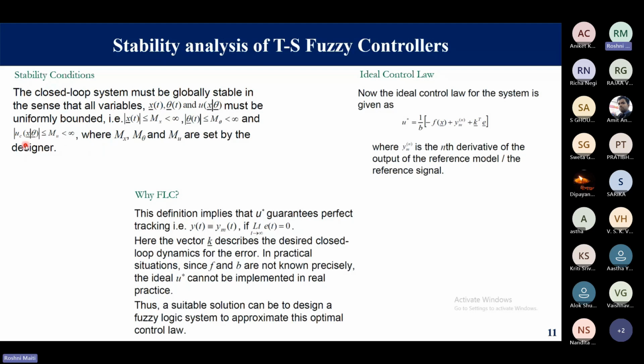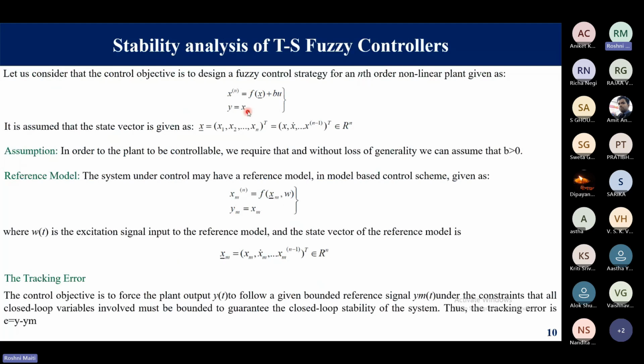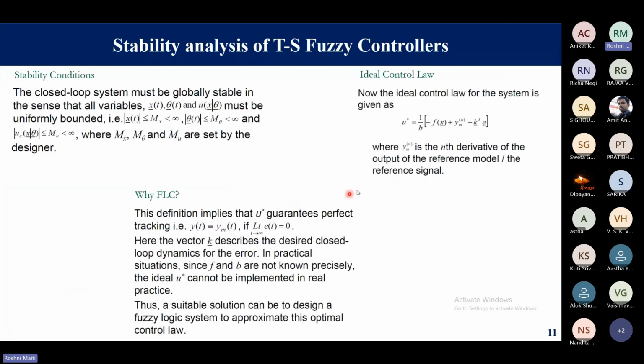So we have to design one controller, and the ideal control law will be something like this. If we put their values in this reference model, then ultimately we will have the ideal control law as this.